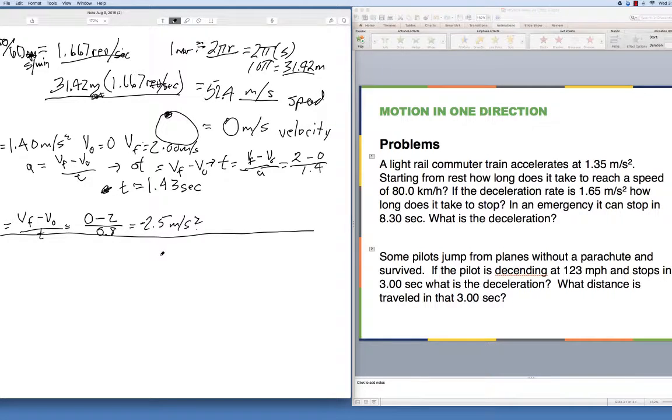So the first one says a light rail commuter train accelerates at 1.35 meters per second squared, starting from rest. So we know that A is 1.35 meters per second squared, and we know that V0 is 0. How long does it take to reach a speed of 80 kilometers per hour?